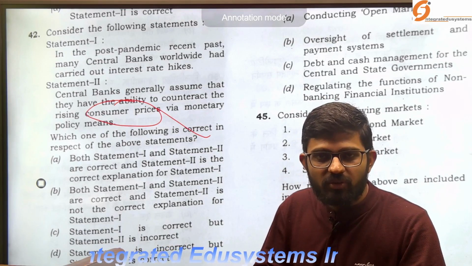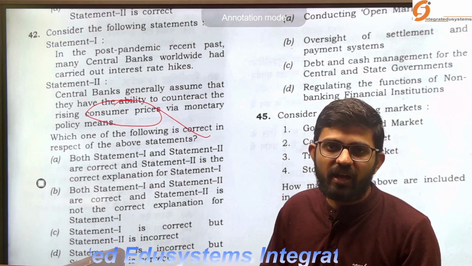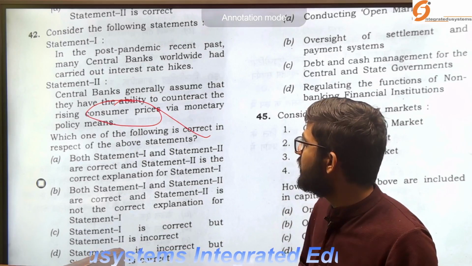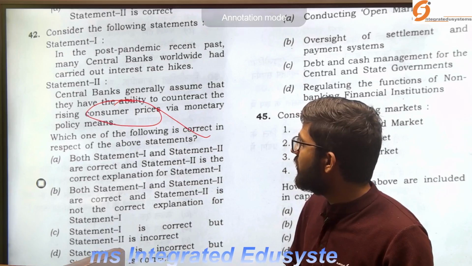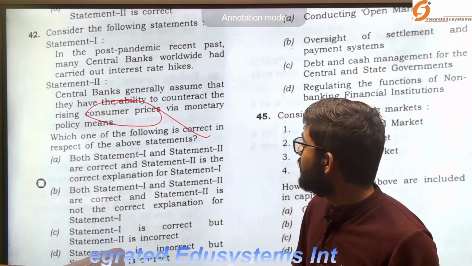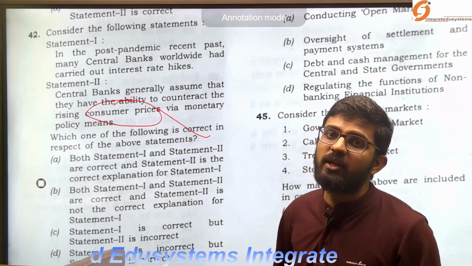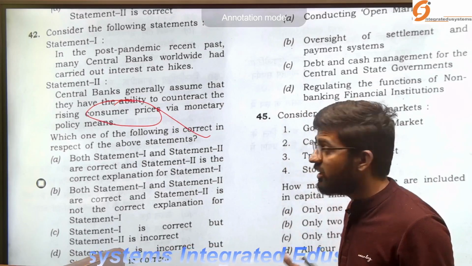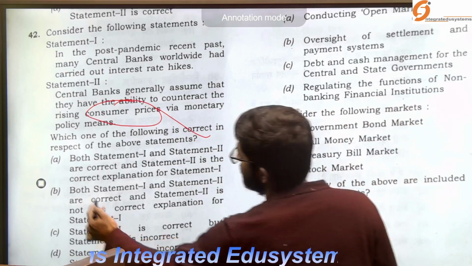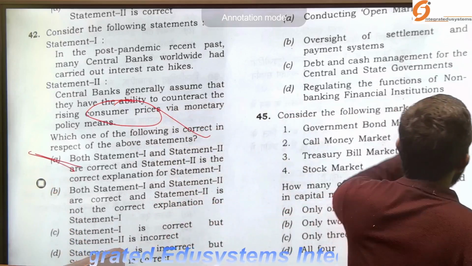Based on this concept, central banks globally are raising their interest rates. So definitely the option is A. Both statements 1 and 2 are correct, and statement 2 is the correct explanation for statement 1, as we have discussed. So the answer is only and only A.